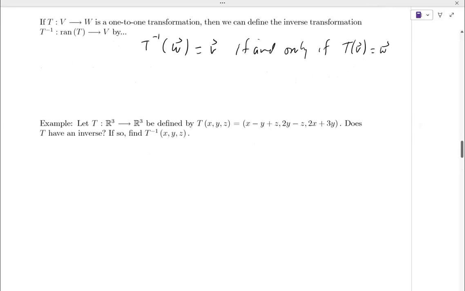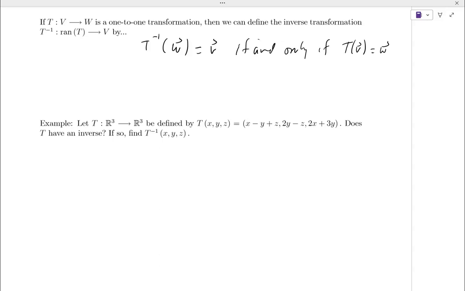So again, in order for a matrix to have an inverse, especially if we have a linear operator going from one vector space to a second vector space of the same dimension, one way to find the inverse transformation would be to find the standard matrix for the given transformation. If it's 1 to 1 and onto, then that matrix will be row equivalent to the identity. So then we can invert that matrix, and that will give us the matrix for the inverse transformation. Okay. So let's look at this particular example.